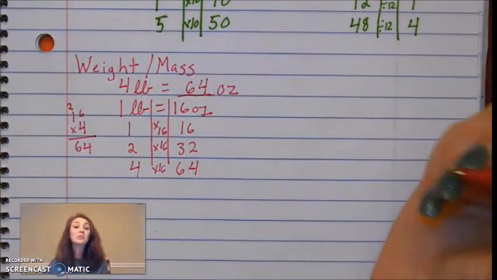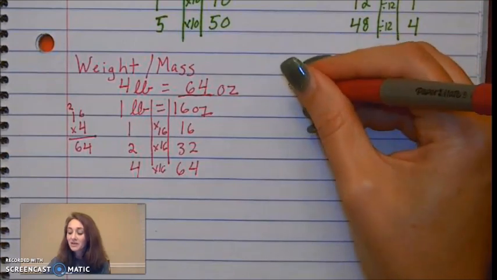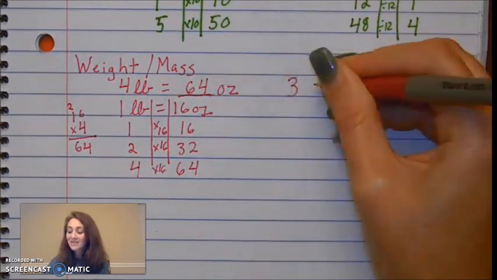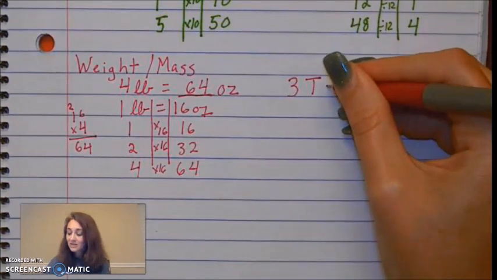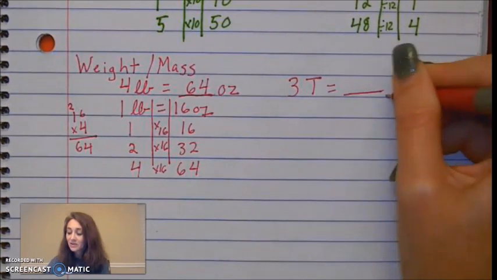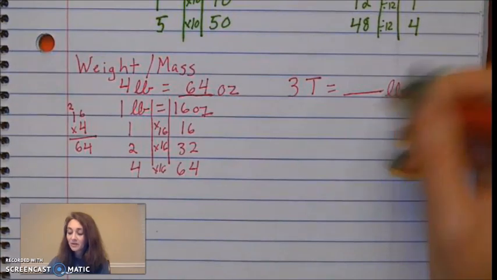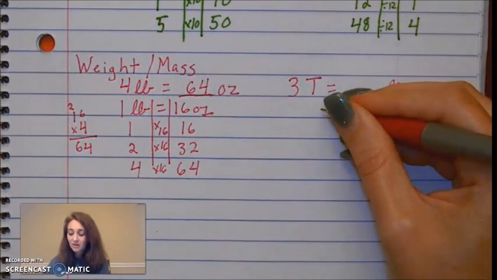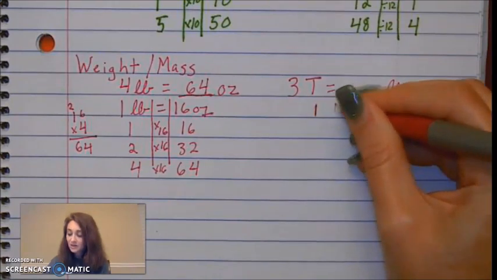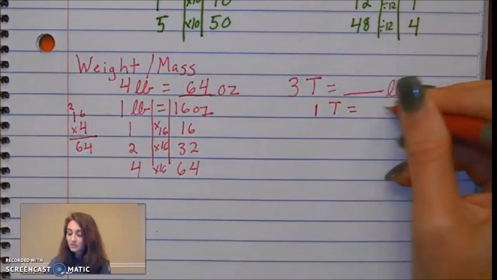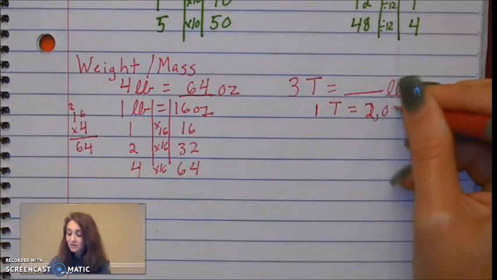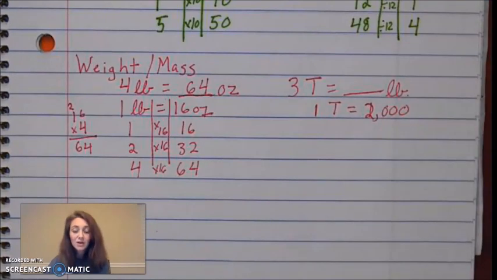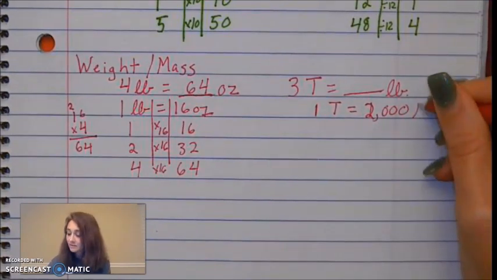Okay, let's go from something really big. What if we wanted to know how many pounds 3 tons was? 3 tons equals how many pounds? Well, I'm going to look at my chart. I know that a ton is bigger than a pound, so I'm going to say 1 ton equals, oh my goodness, 2,000, almost even got it too small, 2,000 pounds.